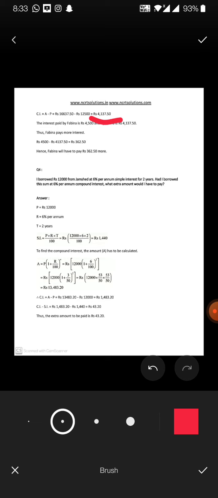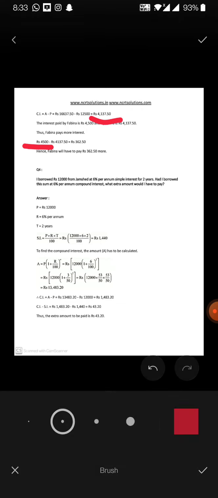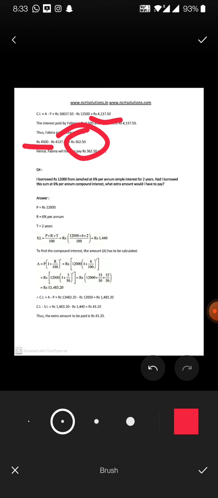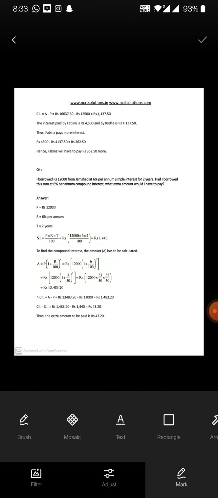So we can see that Fabina pays more, because Fabina pays 4,500 as interest and Radha pays 4,137.50 as interest. So Fabina pays 362.50 rupees more than Radha. Clear? Now let's come to question number 4.